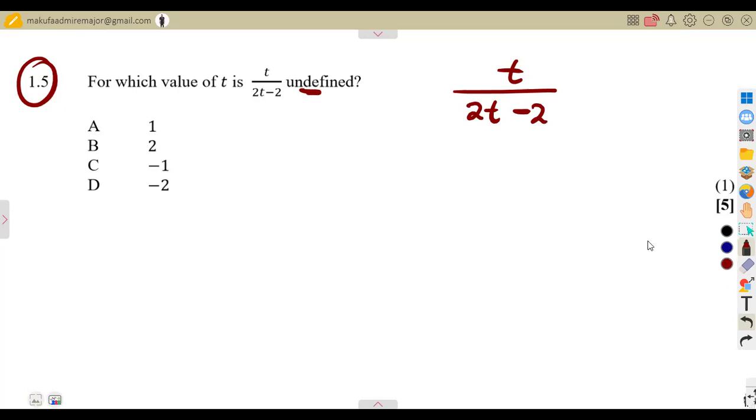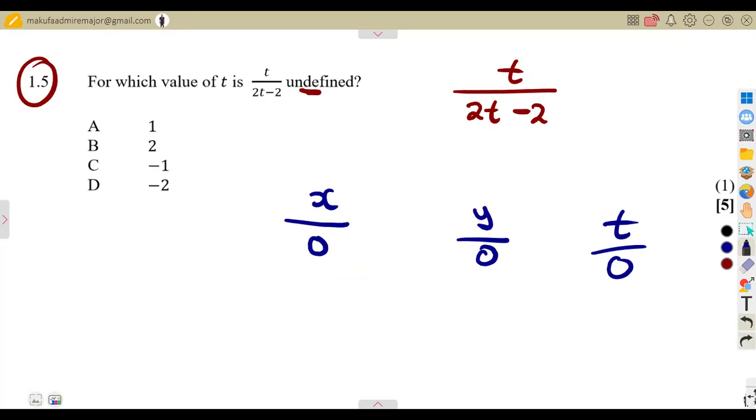Remember, to be undefined when working with a fraction, it is on a condition when a certain function that you are given, let's consider it is x, it is y, whatever that you're given, is divided by a zero, considering a fraction. This is undefined, does not exist.